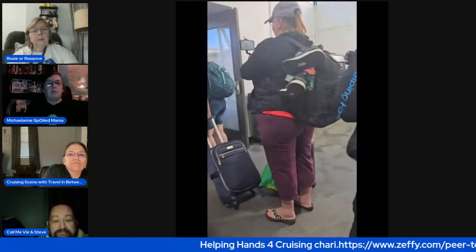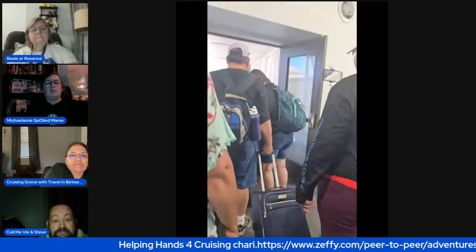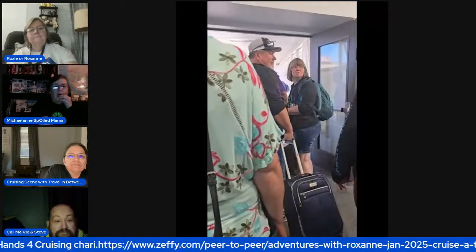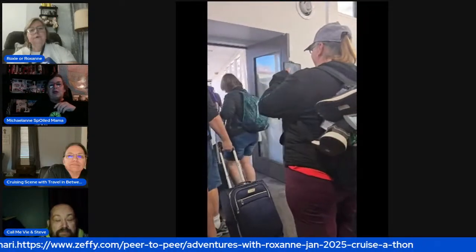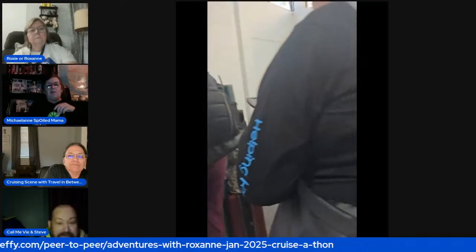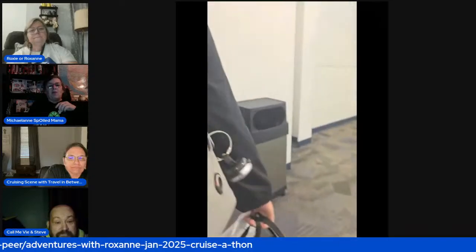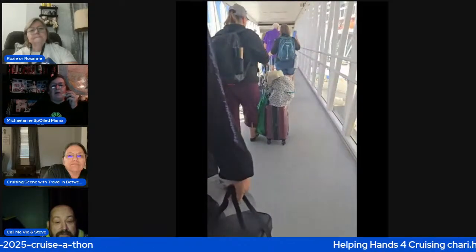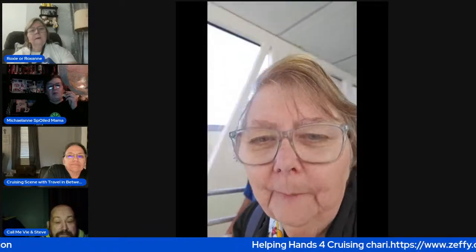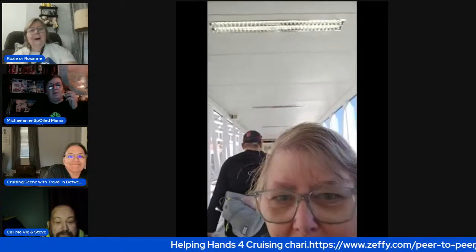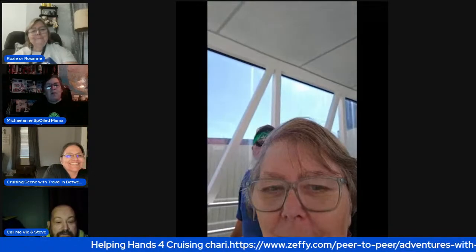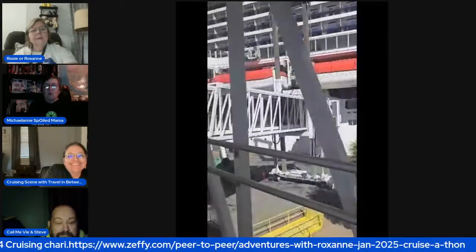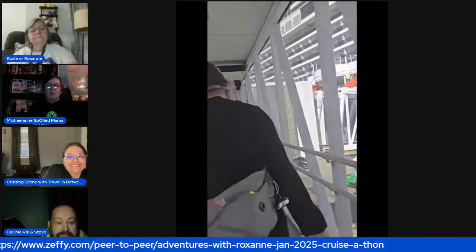Yep, this is us getting in line to get on the ship. That's the most exciting part. Walking on the ship. See, I'm going on the ship. There's the ship.